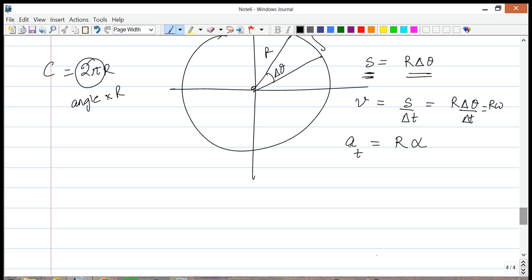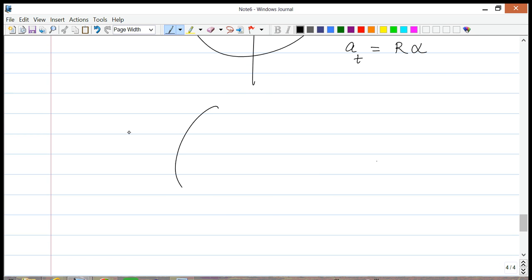Very quickly, just to get an idea of what happens as an object is moving around a circle, what we know is that the velocity is always pointing along the tangent to the circle. And so is the tangential acceleration.